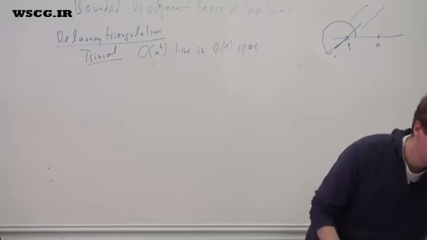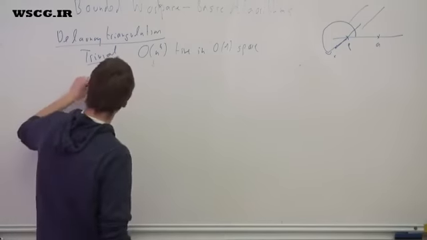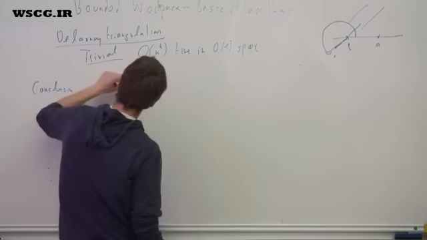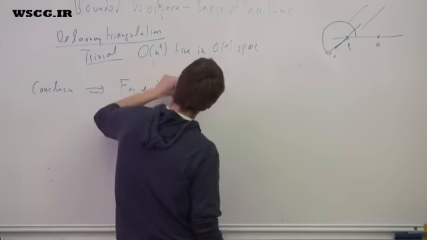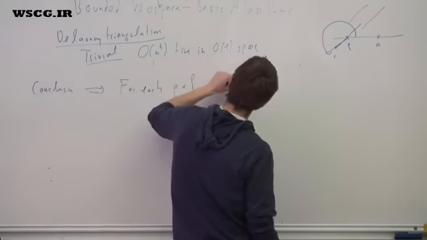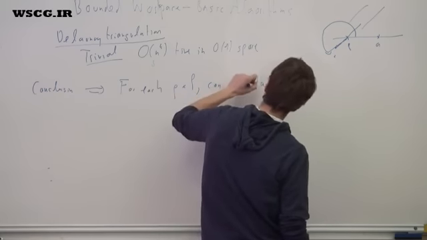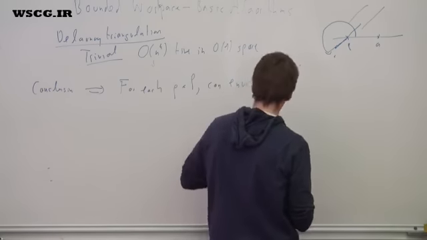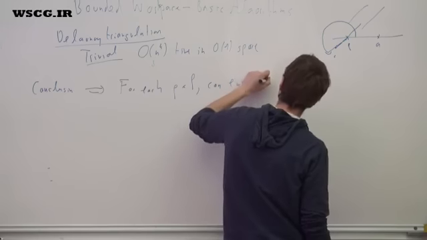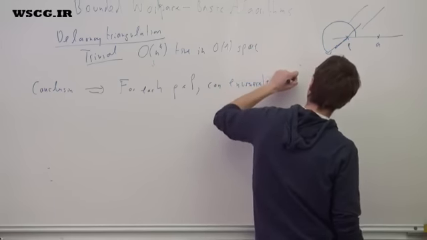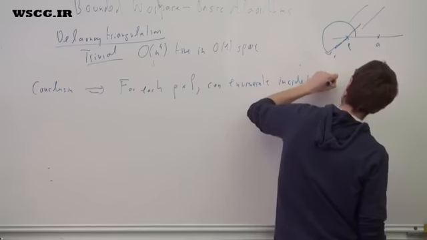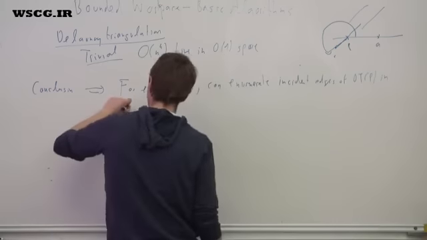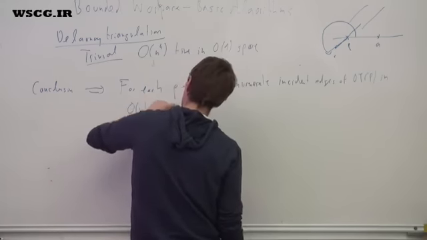So the conclusion of all the things that we talked about here: for each P in P, we can enumerate incident edges of DT(P) in O of n time per edge.